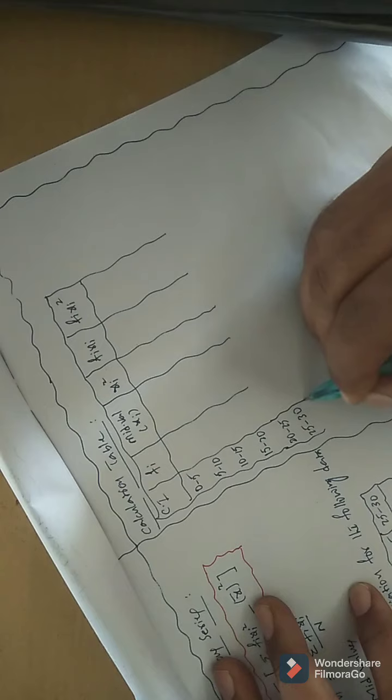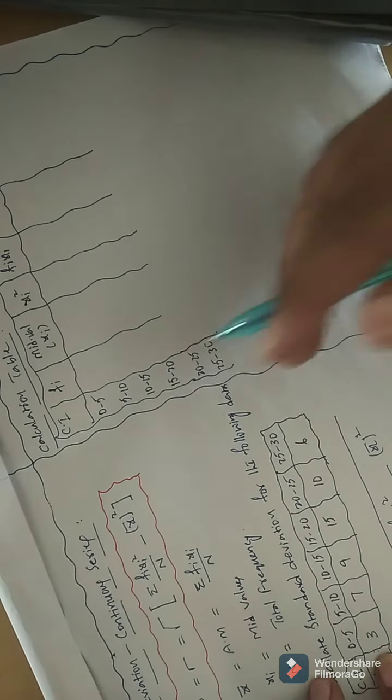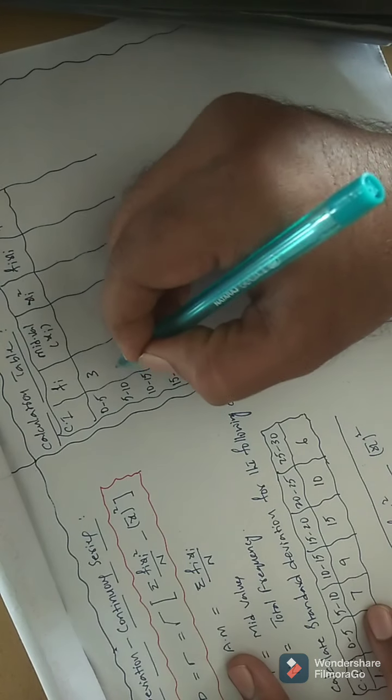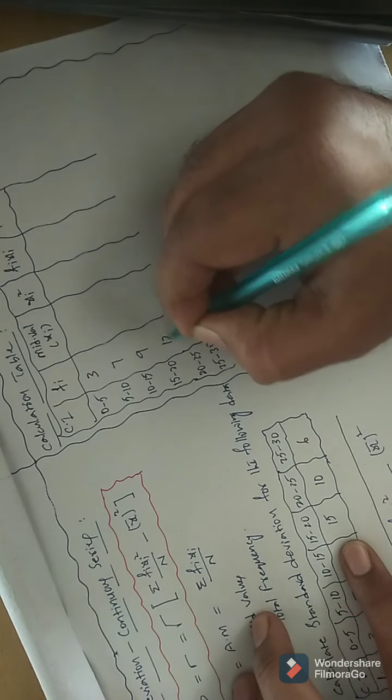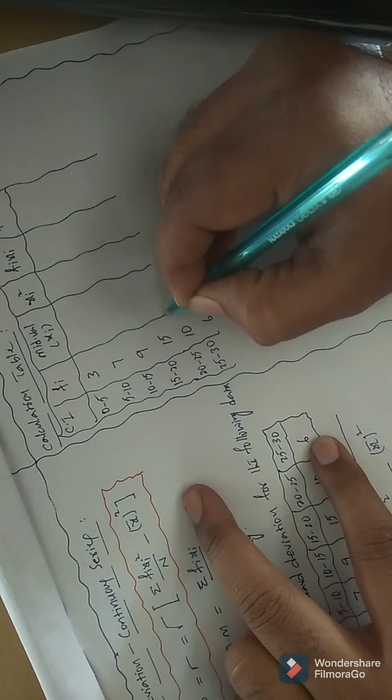So these are all class intervals. Now what are the frequency values correspondingly? We need to write. First is 3, next one is 7, 9, 15, 10, 6.